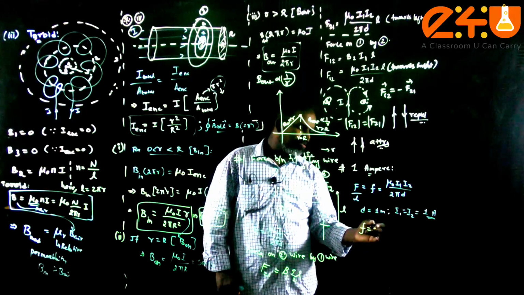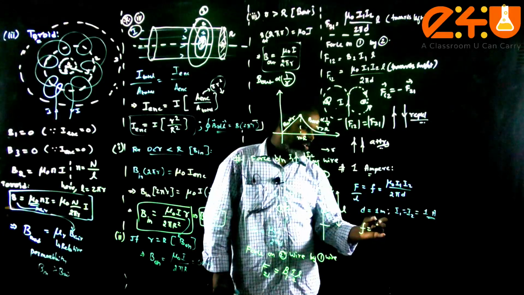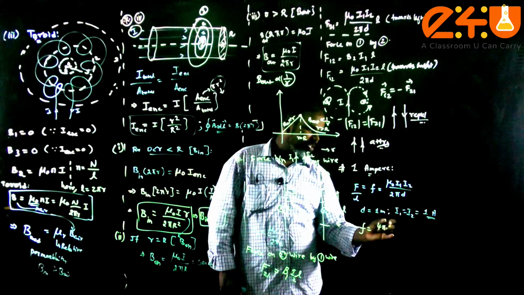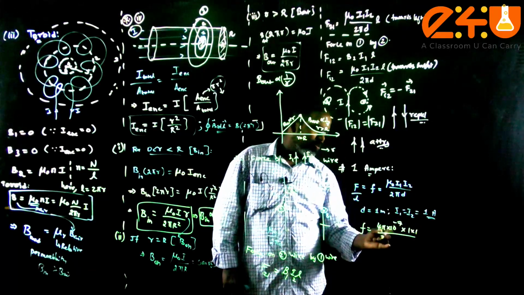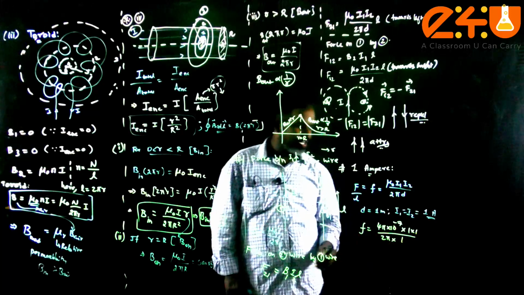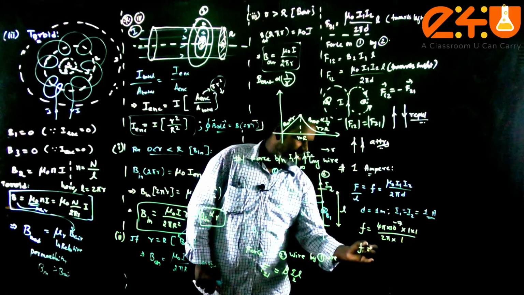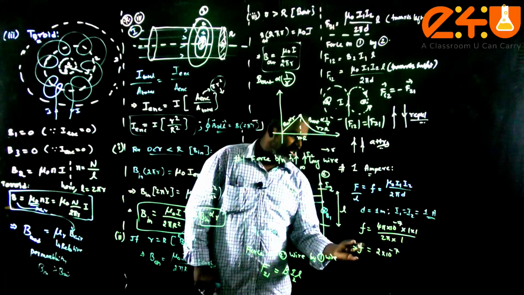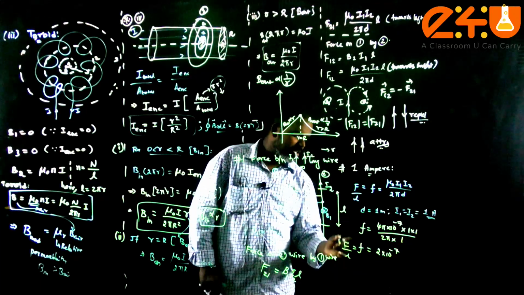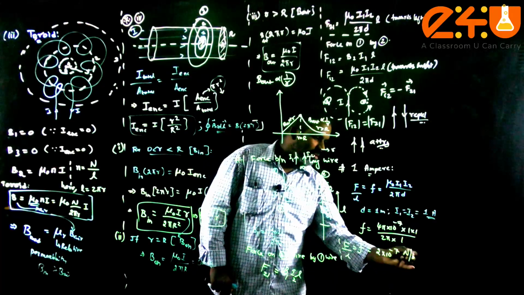Then small f, that is capital F by L, is equal to mu naught, whose value is 4 pi into 10 to the power of minus 7, times 1 into 1 divided by 2 pi, where the distance is 1 meter. Therefore we get F equal to 2 into 10 to the power of minus 7. This is force by length, therefore Newton per meter.